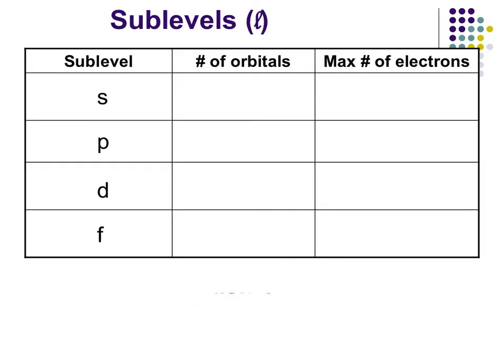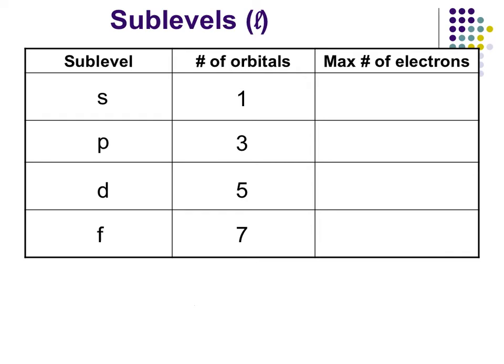Let's focus solely on the sublevels for a second, the S, P, D, and F. How many orbitals came in each one? S has 1, P has 3, D has 5, and F has 7. You've got to know these numbers, 1, 3, 5, 7. Now I want to determine how many electrons could be held in each sublevel.